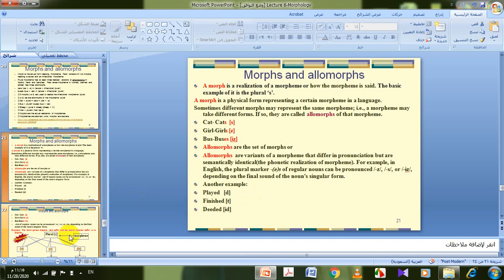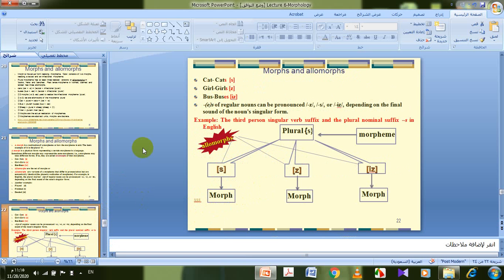Good. Next, like cats, girls, buses, regular nouns can be pronounced is, or is, depending on the final sound of the noun's singular form. It's the same idea whether we are talking about the plural S or the ed, which conveys the past simple. We have an example here, a diagram. Allomorph, plural is a morpheme.